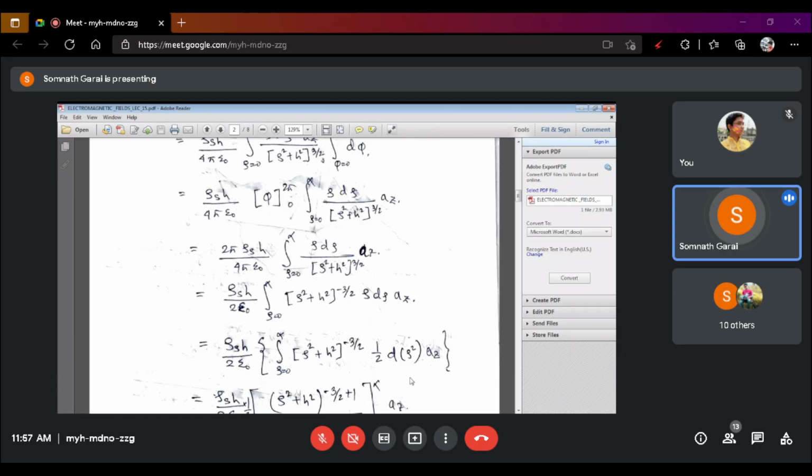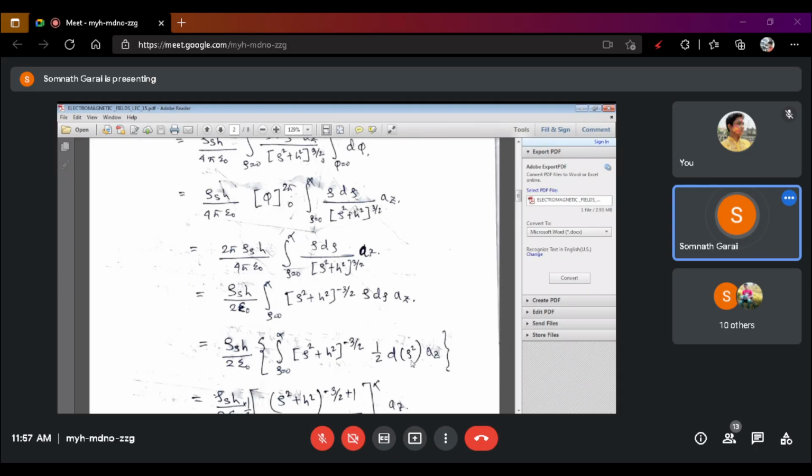If we put u equal to rho square, then rho d rho will be half of d of rho square. Got my point? Just substituting the value of rho square.